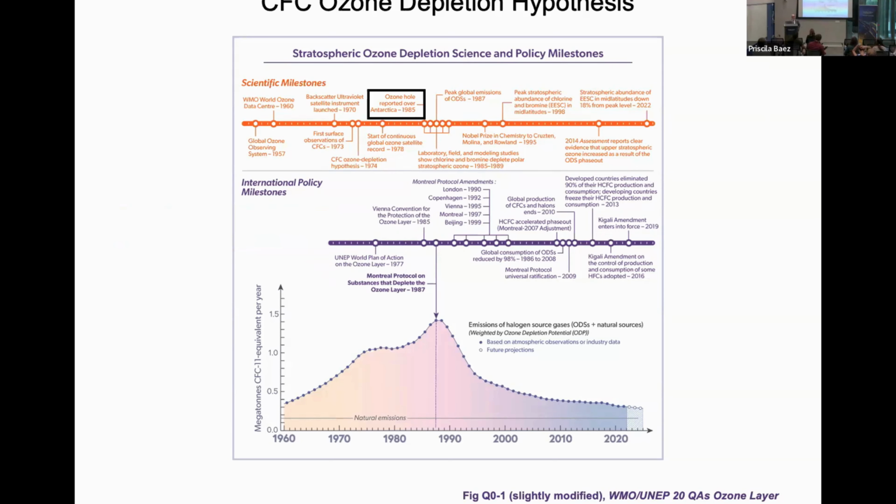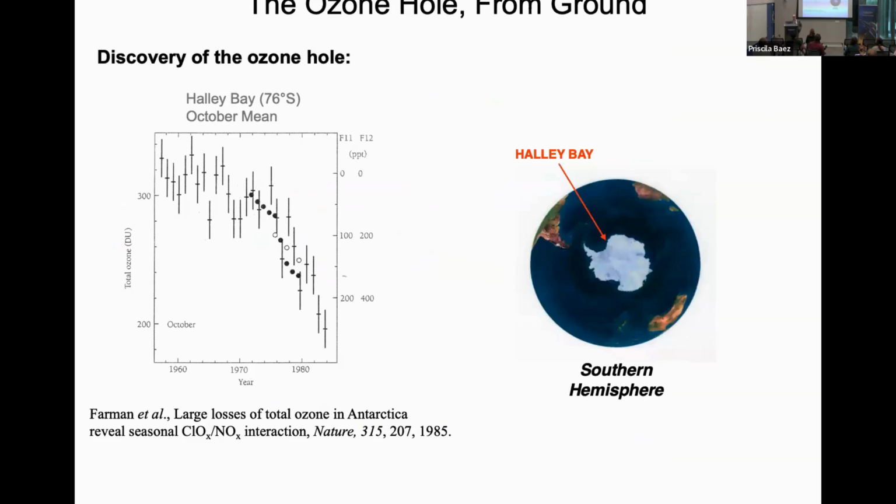So in 1985, something amazing happened, and that was the discovery of the ozone hole. A man who was knighted for this work, Sir Joe Farman, published a paper in Nature, and they wintered over at Halley Bay, Antarctica, and they had this graph showing the total thickness of the ozone layer over the research station going down.